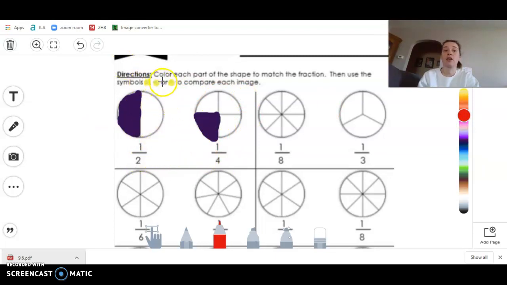Greater than, less than, or equal to? Right, 1/2 is greater than 1/4 because remember, it opens up to the bigger number. We want to show that it's the bigger number. It's greater than. 1/2 is greater than 1/4. So this is what your worksheet should look like.